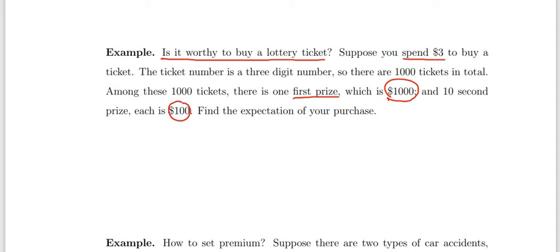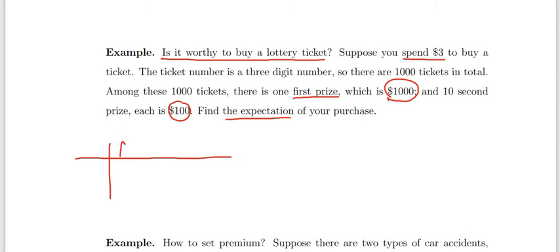So here, it sounds good, but we need to calm down. We need to find the expectation of your purchase. So we can consider it like this: let's check how much money you can win.